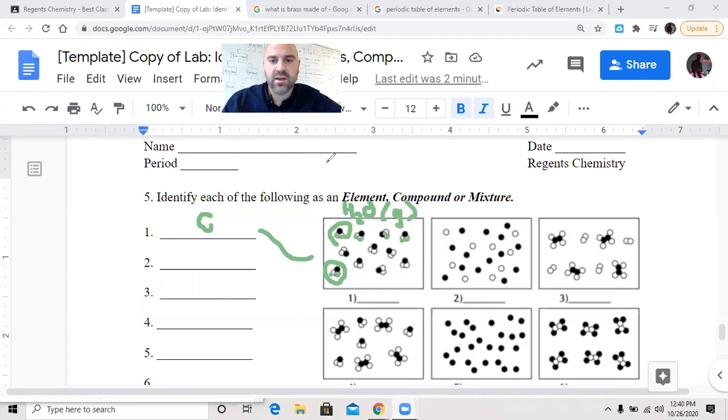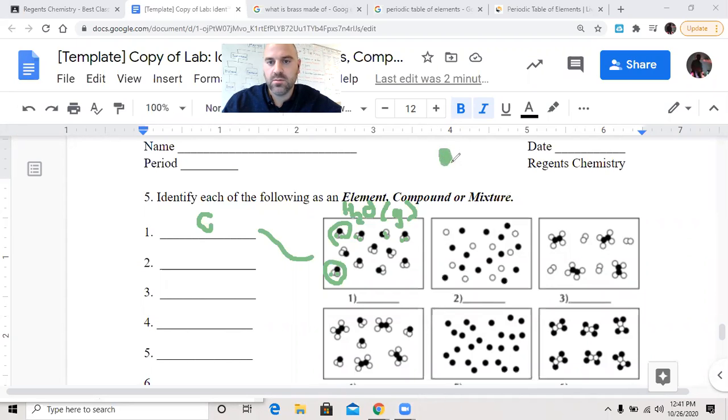Choice 2, is that an element, compound, or mixture? Yes, Kai. Yes, Michael. So a compound would be like H2O.